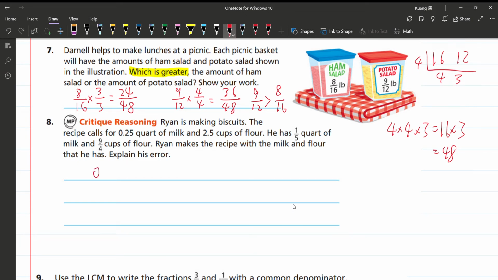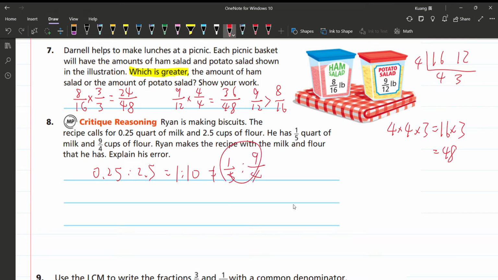So you can say 0.25 to 2.5. There will be 1 to 10. The ratio is 1 to 10, and it does not equal 1/5 to 9/4.